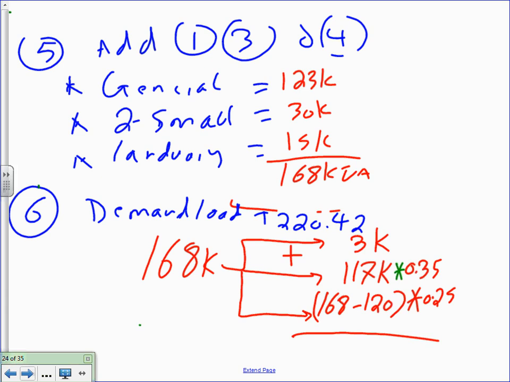The last step is different. Then you take 168 minus 120. I want to highlight these in black here. This stays the same, this stays the same, and this stays the same. In any problem that I give you, these three things that I highlighted are the same. The only thing that's going to be different is this number. Especially if you're higher than 120, these are the steps that you do.